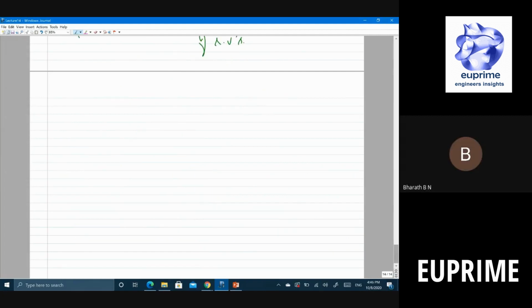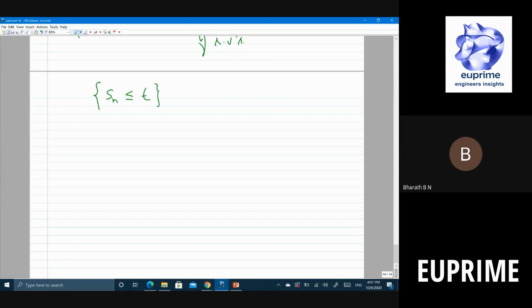So now let's look at it in terms of events. Suppose I say Sn is less than or equal to t. What do you mean by that? Sn is the time instant at which the nth person arrived.